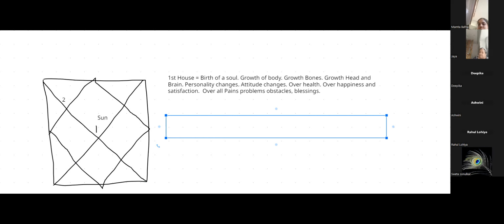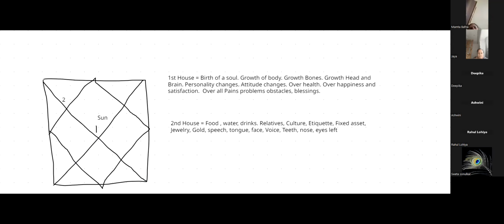Eyes. Especially the left eye. But just write down left eye and eyes both. Not the vision, huh? The shape of the eye, not the vision. So these are part of the second house. So if somebody says, why is my child having constant pain in the teeth, that means there is something wrong with the second house. So we will look into the second house.